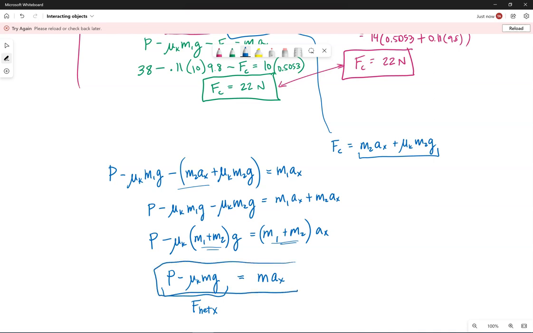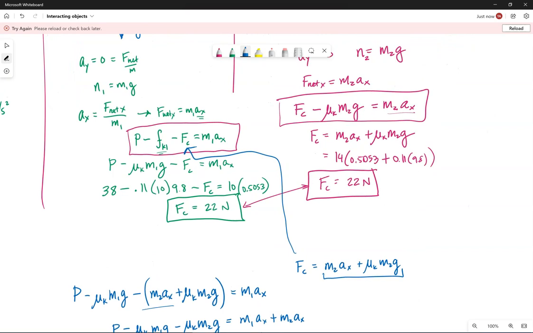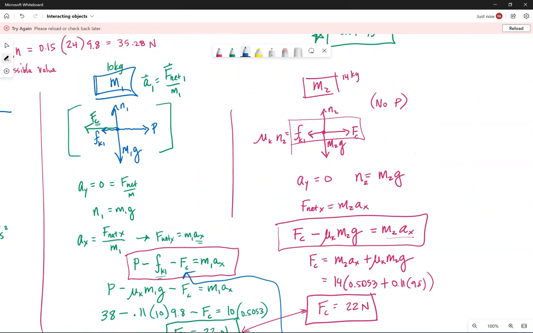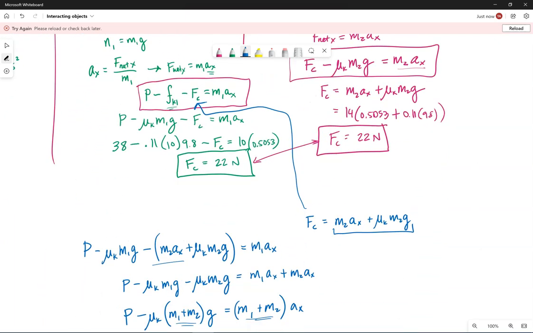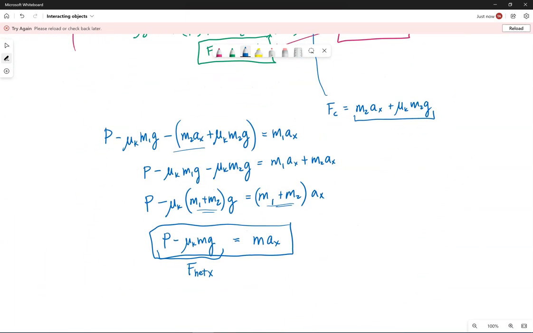Sometimes we'll have problems involving interacting objects where it's kind of hard to pretend it's one single object. Please know, anytime we have a problem involving two objects, we can always look at the two objects individually, write out what we mean by F equals ma, the net force equaling mass times acceleration, and combine them together to find just the acceleration.